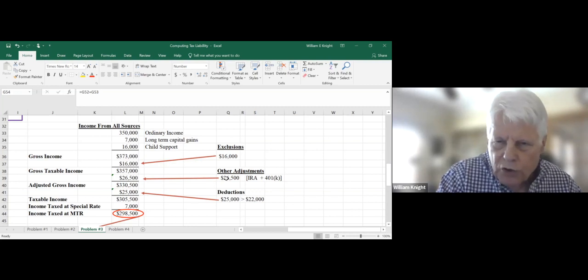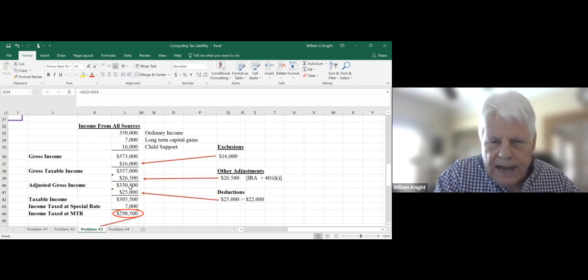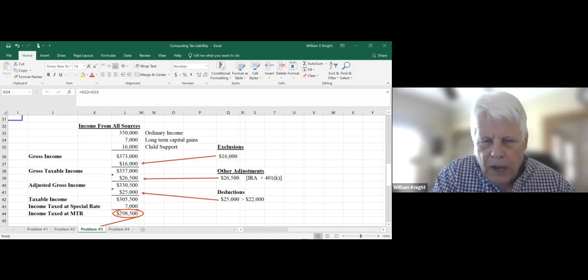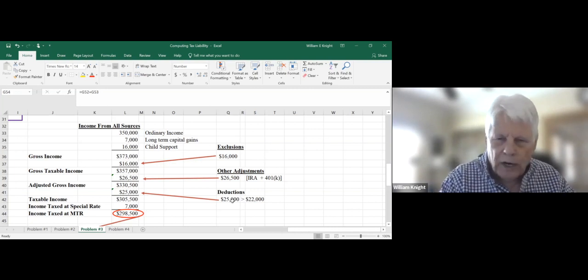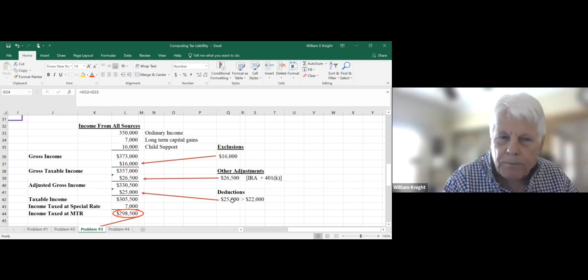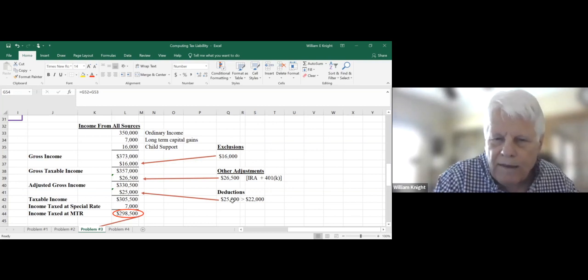He made those contributions to his IRA and 401k, a total of $26,500 worth of contributions. So he's going to deduct that from his gross taxable income to get his AGI, his adjusted gross income. Now, if we were to look over here at the problem, we would find that mortgage interest, his charitable contributions, and the taxes paid to state and local government amounted to $25,000.